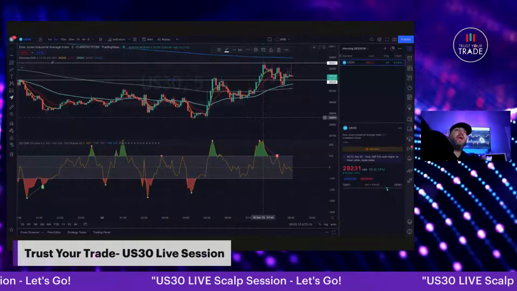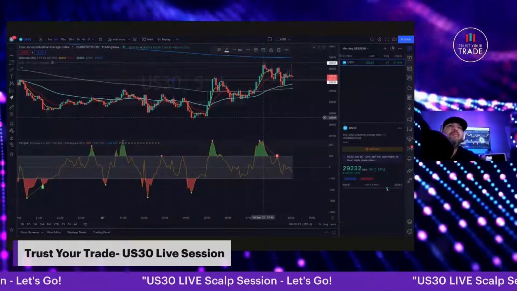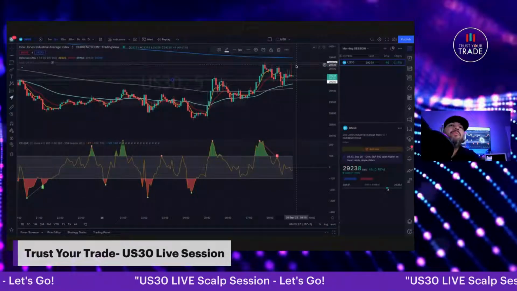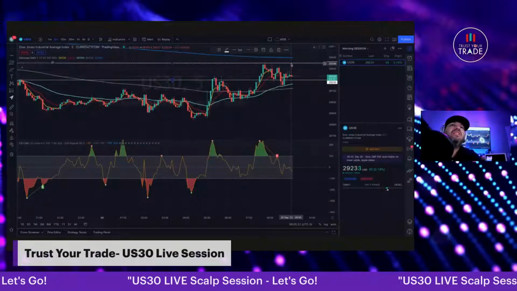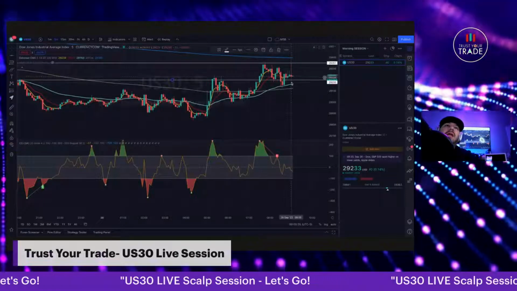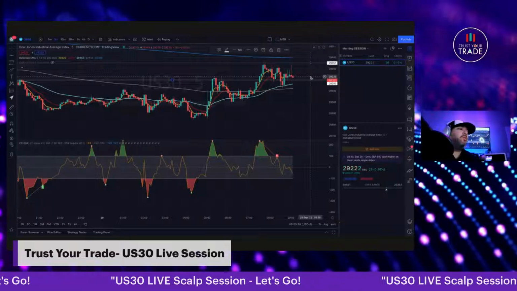Right before we got on, I set up 29,350, and she jumped up right before the 9 o'clock candle, tapped in as we were getting set up, and fell. That would have been almost 50 points, a great scalp.